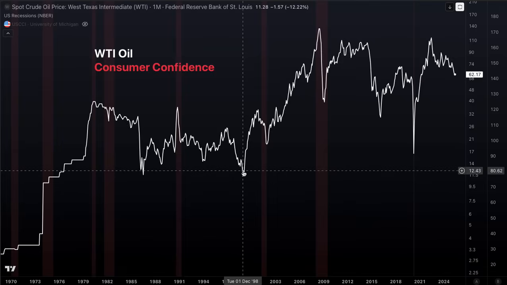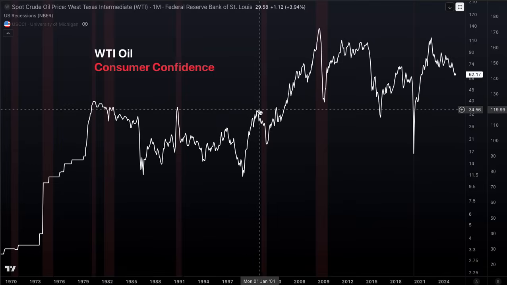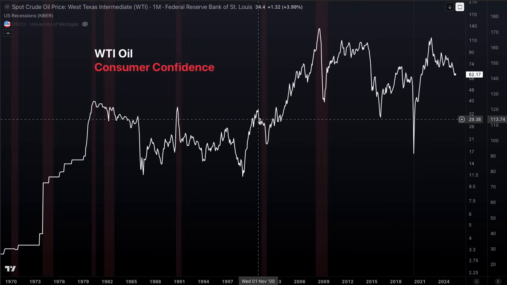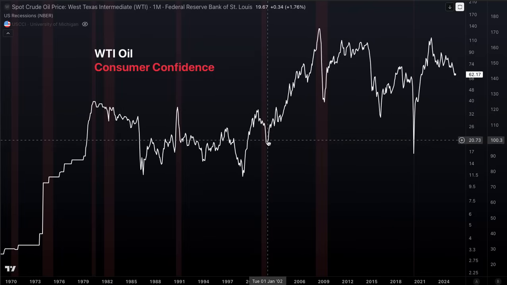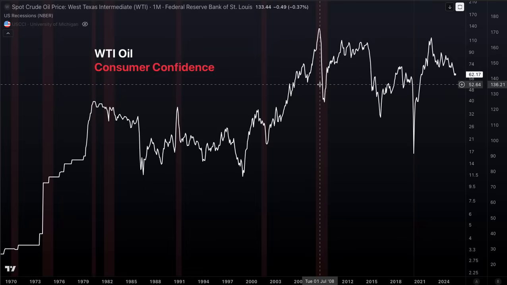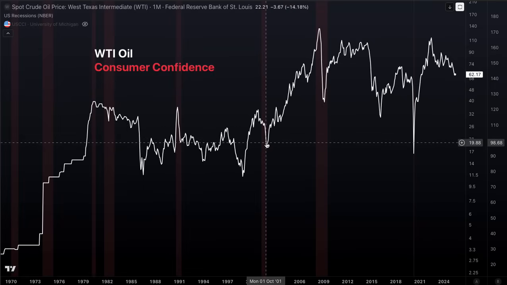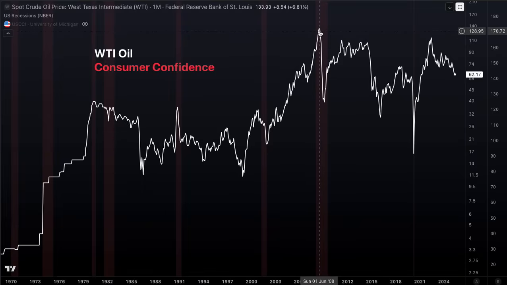It went from $12 a barrel all the way up to $34 a barrel. So it basically 3x'd. And the same thing is true for 2008. While, yes, subprime mortgages and the housing market were a huge driver of the GFC, look at what oil did. It went from $19 a barrel all the way up to $128 a barrel.